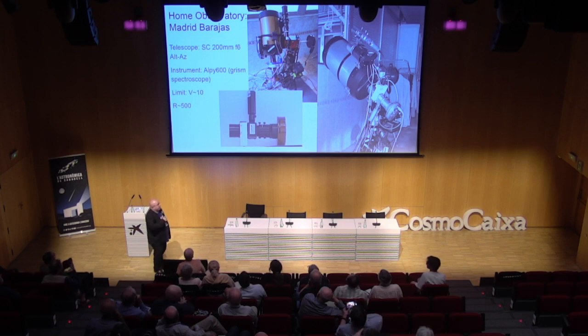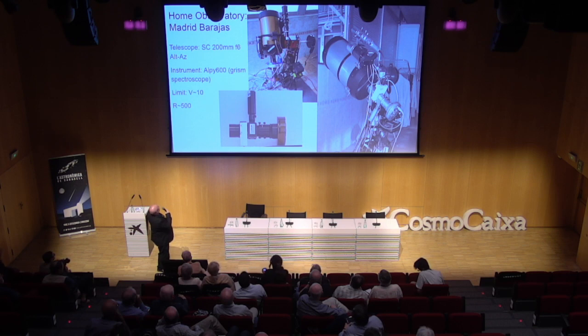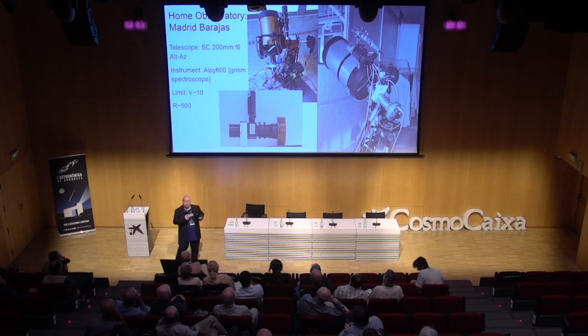I am working with LP600. This is a low resolution spectroscope. And I'm working with a resolution more or less 500 and a magnitude limit of 10 in visual. You can see that it is a quite little magnitude limit compared to photometry.